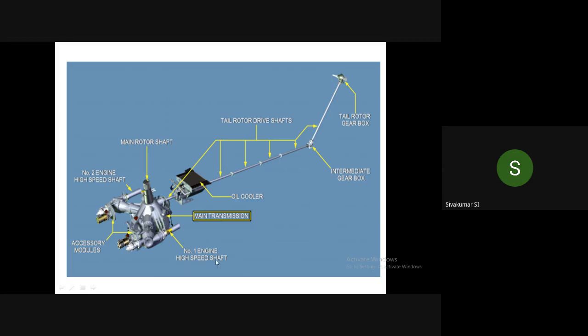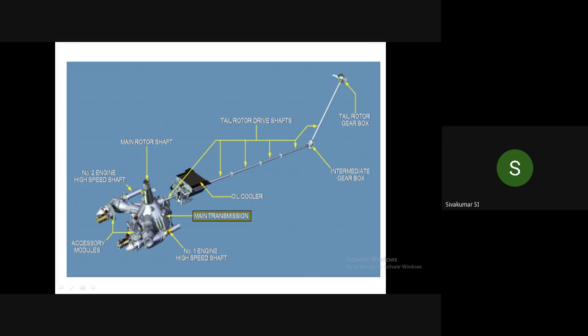Engine speed input shaft. From the two engines, the motion is transmitted from the engine to the transmission. There is a shaft going to rotate the tail rotor. You see the tail rotor here in the top.